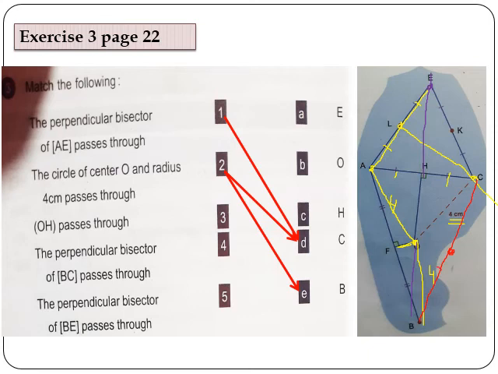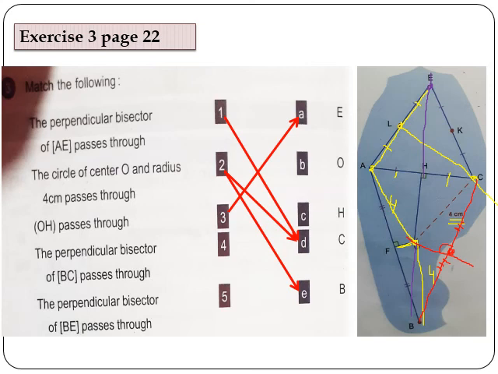Okay, it means that this part here is equal to the other part. And then if I draw the perpendicular bisector, it should pass through which point? Point O. I have to draw it to make sure. Keep in your mind the perpendicular bisector is perpendicular to the segment passing through its midpoint.